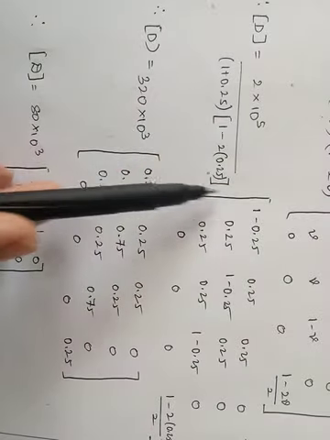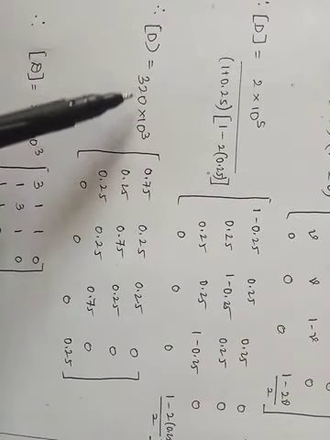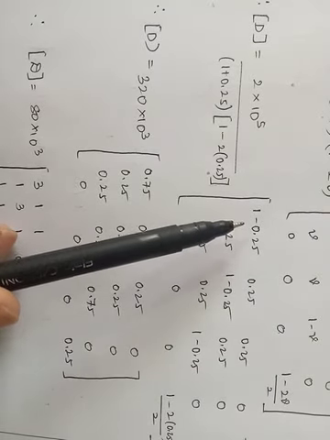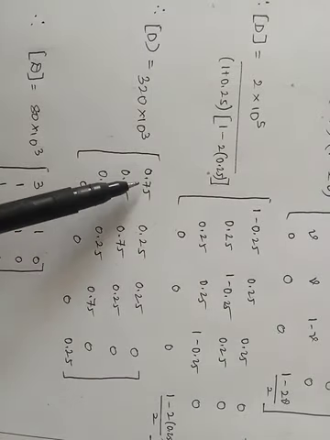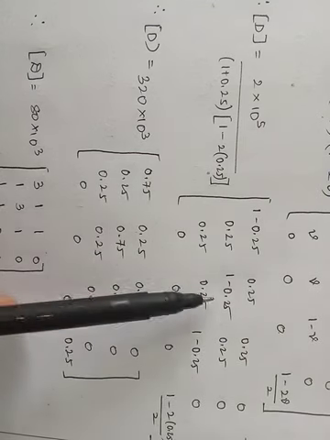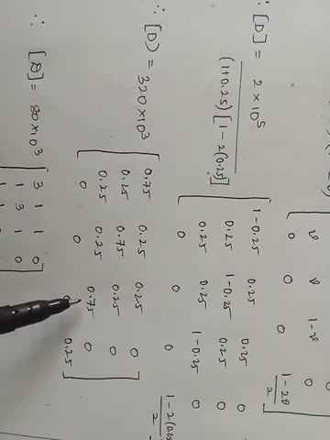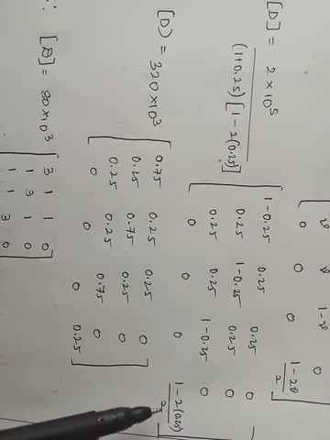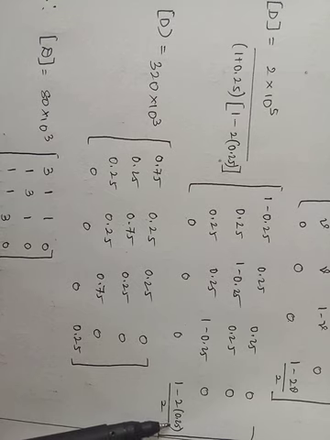Here there are some simplifications to be made: 1 minus 0.25 is 0.75, and here also it is 0.75, here also it is 0.75. One more simplification is required in the last element: 1 minus 0.5 is 0.5, divided by 2 is 0.25.